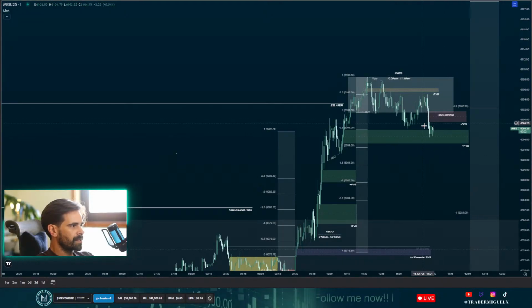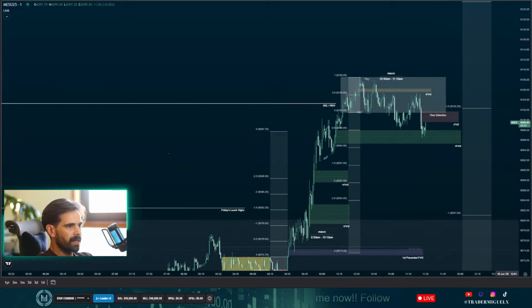You see there's no follow through on this movement. So this might be a manipulation lower, taking out these lows, price gathering some liquidity here, and eventually heading a bit higher.